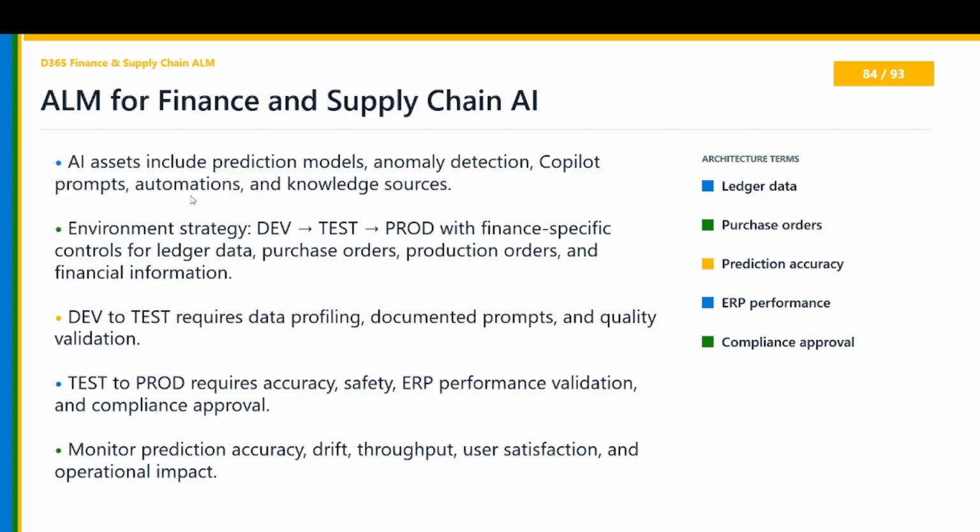AI assets here include prediction models, anomaly detection, Copilot prompts, automation, and knowledge sources. So these are the kinds of AI that you can deploy on this platform. A prediction model will predict suppliers, predict supply chain, and predict cost, and that will help the company maximize profit and minimize cost.